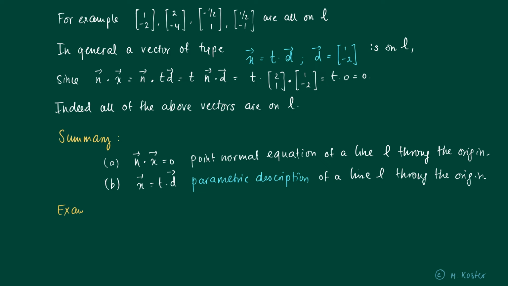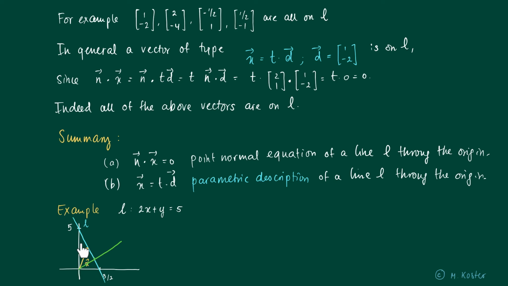So now we're going to look at a different case where we don't have a line through the origin. Can we characterize a description of such a line? So we look at the line L, 2x plus y equals 5, indicated by the blue line over here.